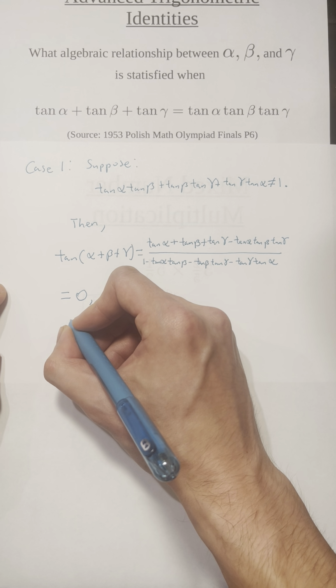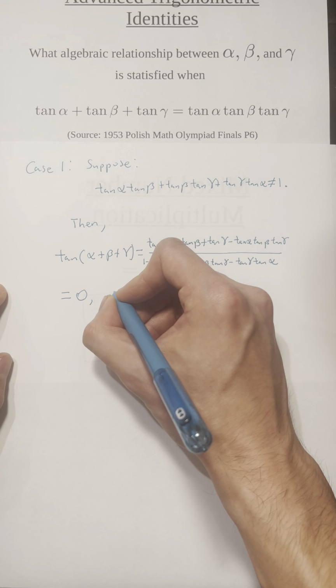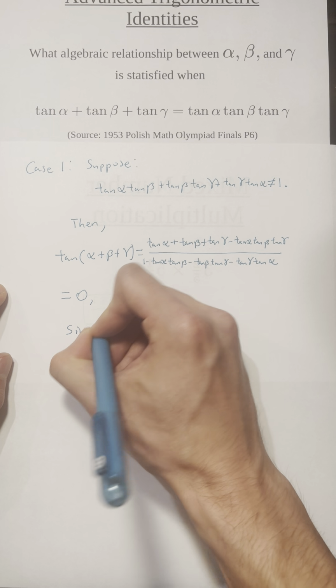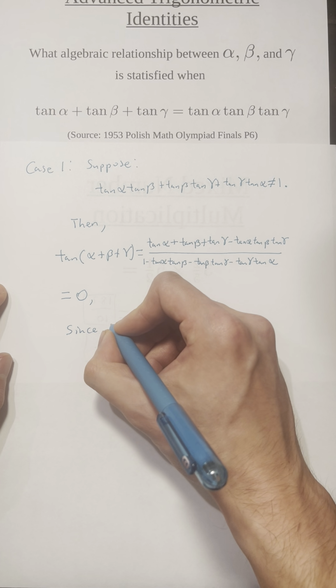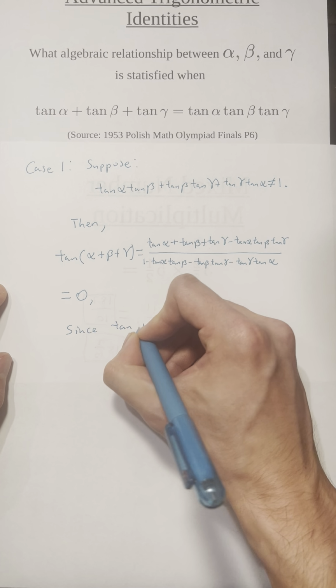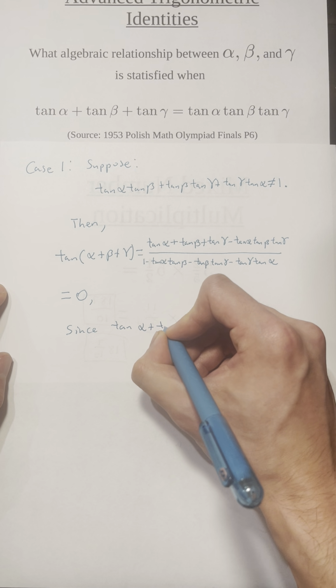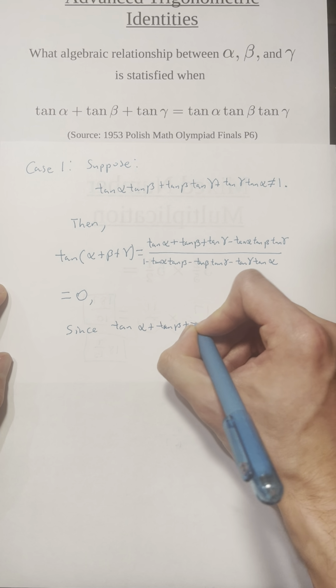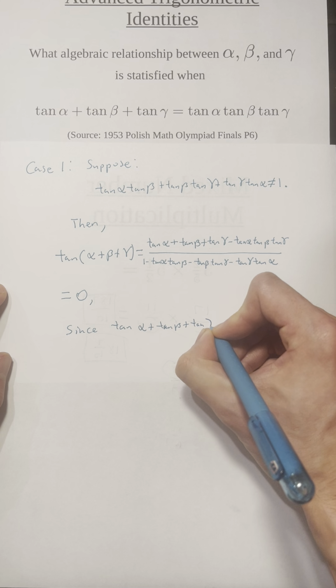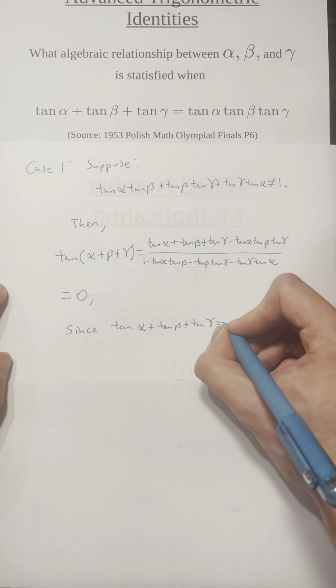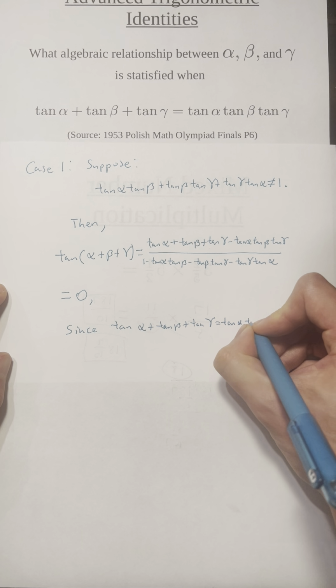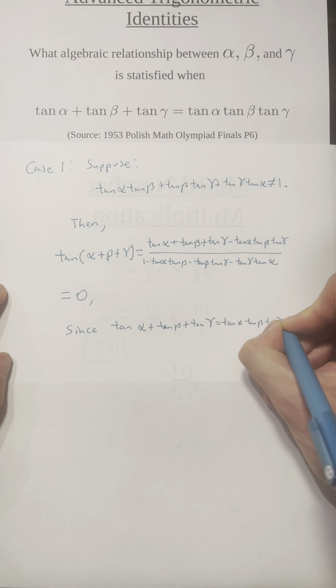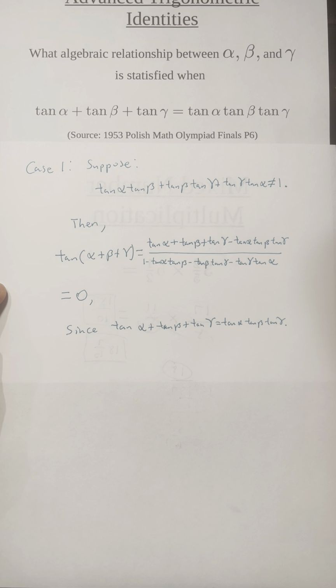Since tangent alpha plus tangent beta plus tangent gamma is equal to tangent alpha times tangent beta times tangent gamma. Okay.